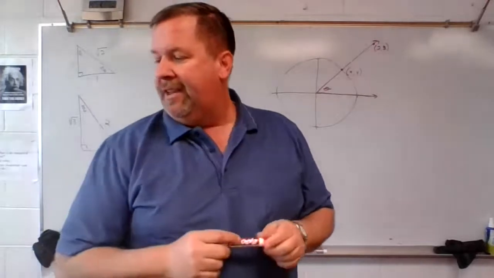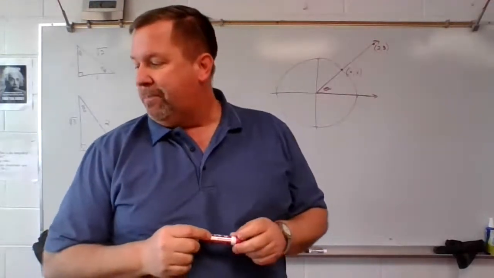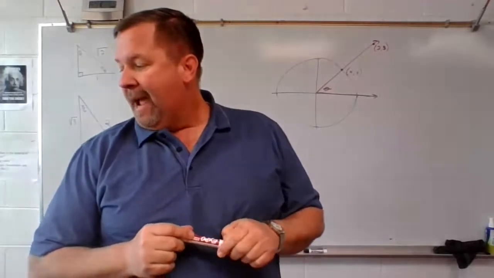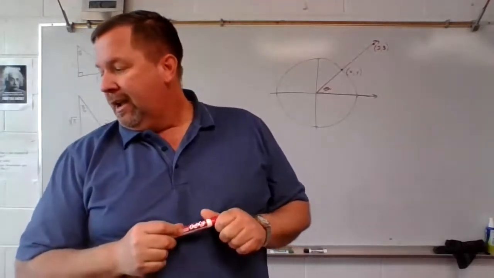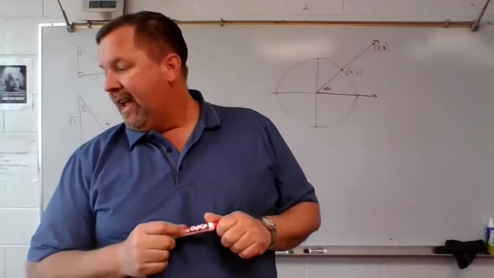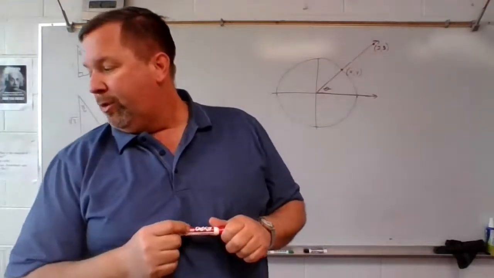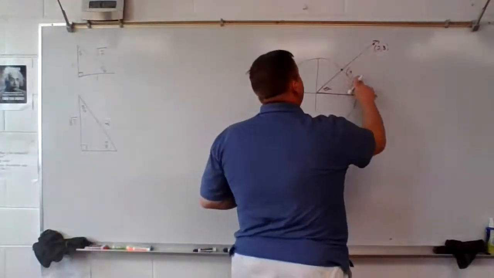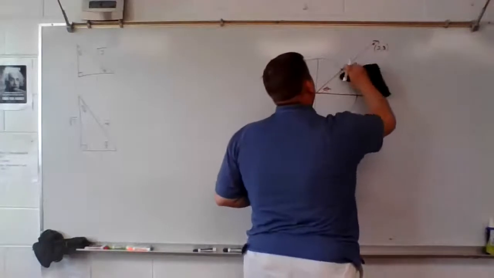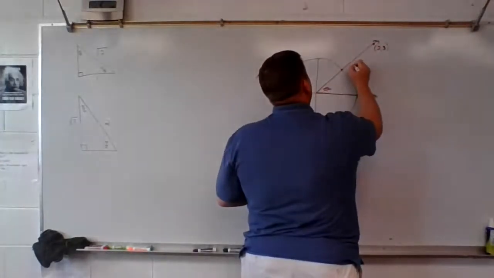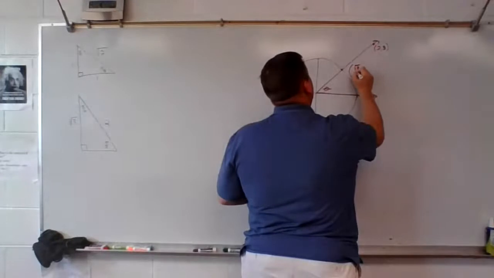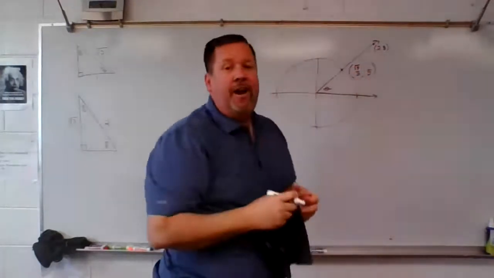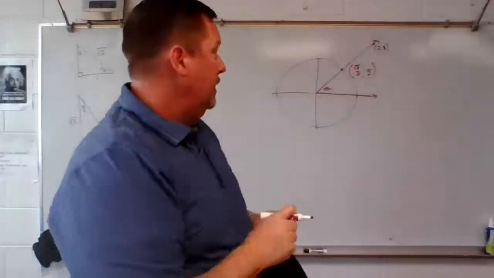On page 510, looking down at the bottom of page 510 at checkpoint 1, it gives me an angle, and it passes through the unit circle in the first quadrant, and the x and y coordinates are √3/2 and 1/2. And we're asked to find the 6 trigonometric ratios.